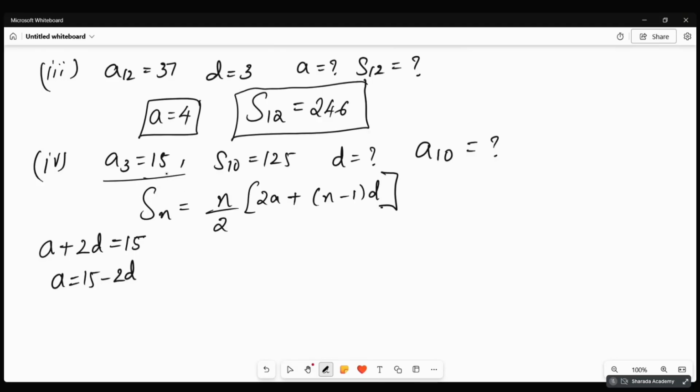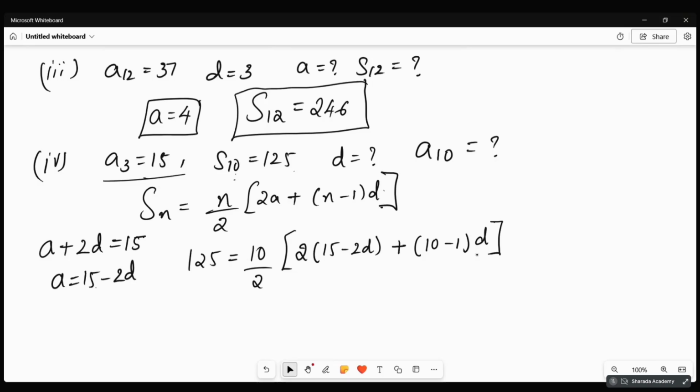Now S10 here is 125, no? So 125 is equal to, n will be 10 then, 10 by 2 into 2 into, instead of a, I can substitute 15 minus 2d, plus n is 10, minus 1 into d.